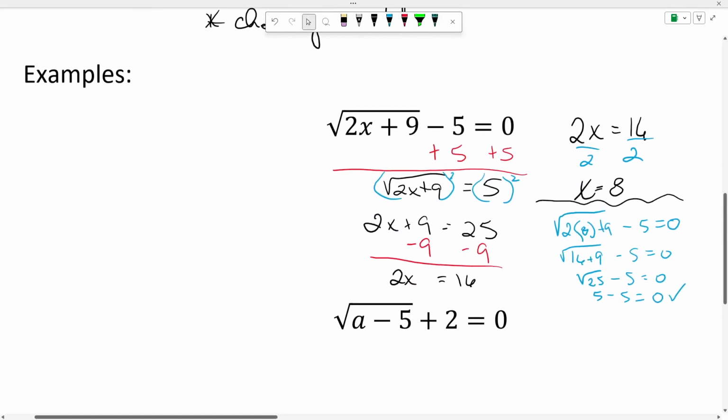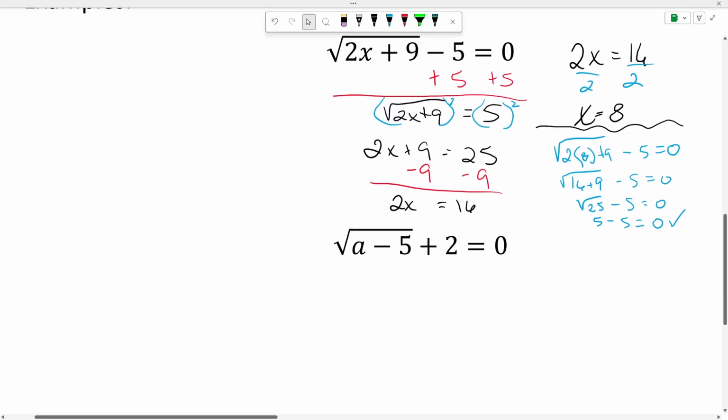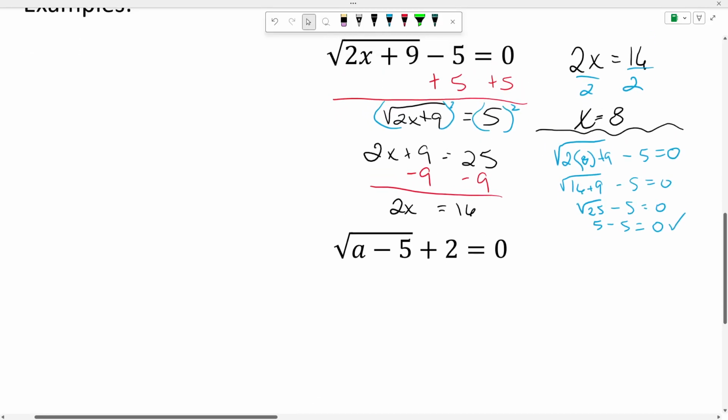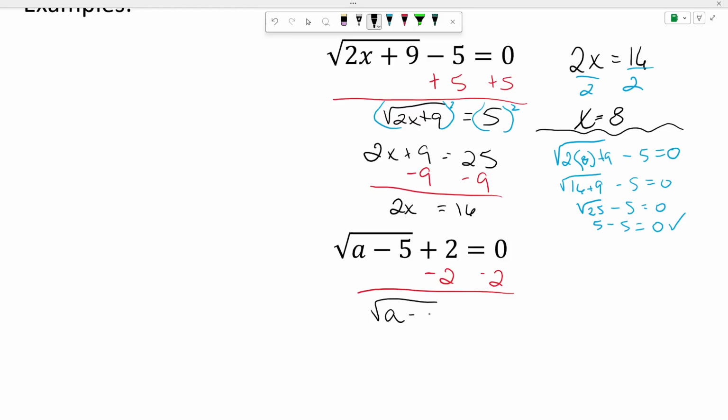Looking at our next equation here. So my next equation right here, I'm going to start off just like I did with the last problem. I'm going to move my 2 from the left side to the right side. So minus 2 minus 2. And I now have the square root of a minus 5 is equal to negative 2. Following my protocol, just like I did up there, I could go through and square both sides.